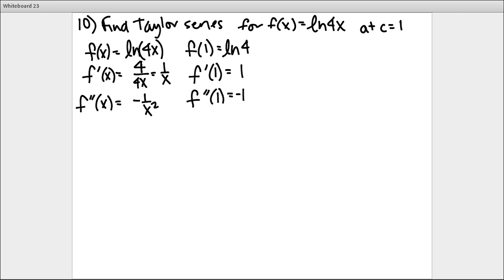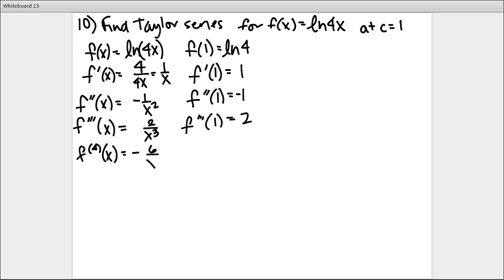I'm going to ask you to give the first 3 non-zero terms and then the general term, okay? So let's keep going. Find the third one, and that would give you positive 2 over x cubed, and so that one evaluated at 1 would be a 2, and let's go ahead and just find the fourth derivative also.